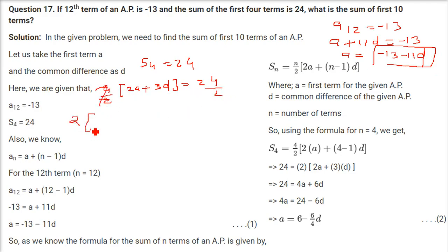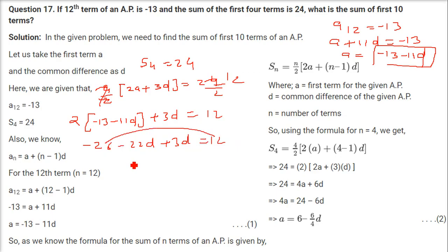So 2 into a, that is minus 13 minus 11d, plus 3d equals 12. So this is going to be minus 26 minus 22d plus 3d equals 12. Bring 26 here, so this will be equal to 38.